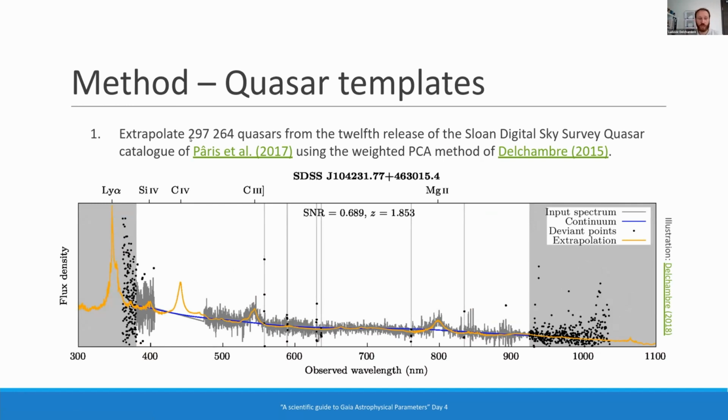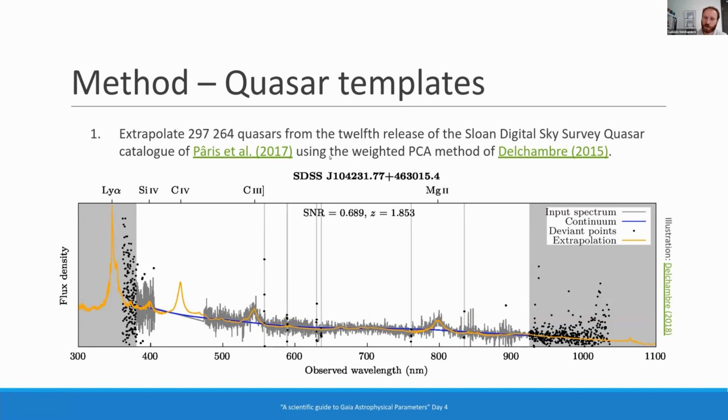We selected 300,000 quasars, and we first have to extrapolate them to the wavelength range covered by Gaia. In the plot below, we see in gray the SDSS spectrum. We are rejecting some borders of the spectra because we have a lot of outliers in these ranges, and we can also see that in the SDSS spectra we are missing the carbon-4 emission line.